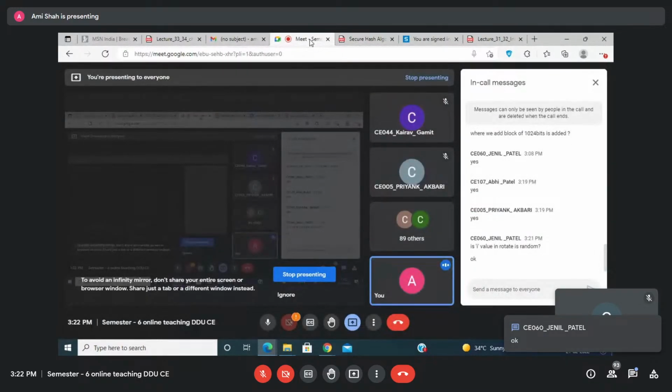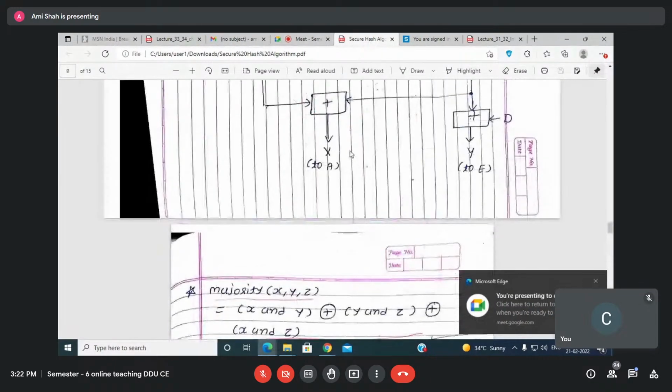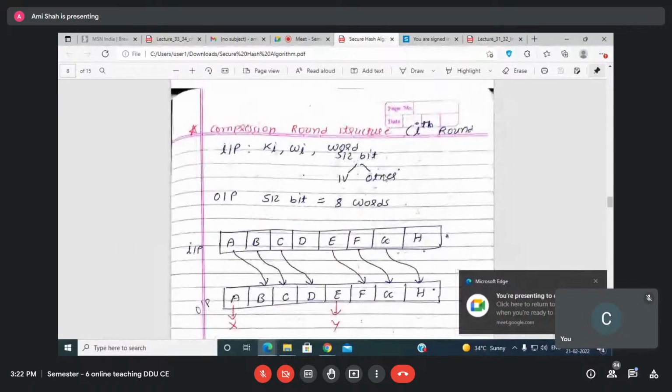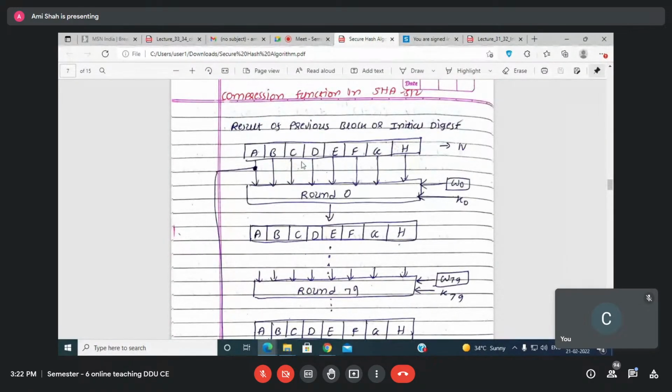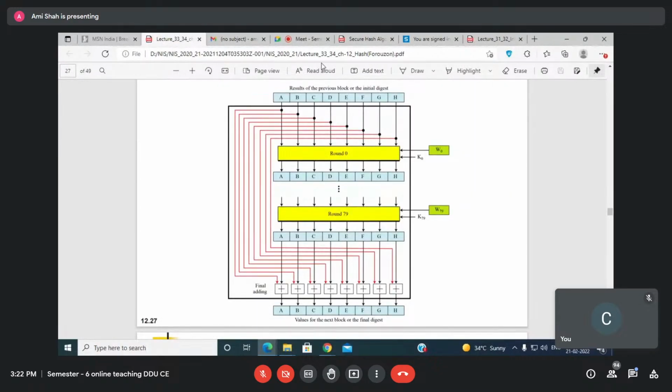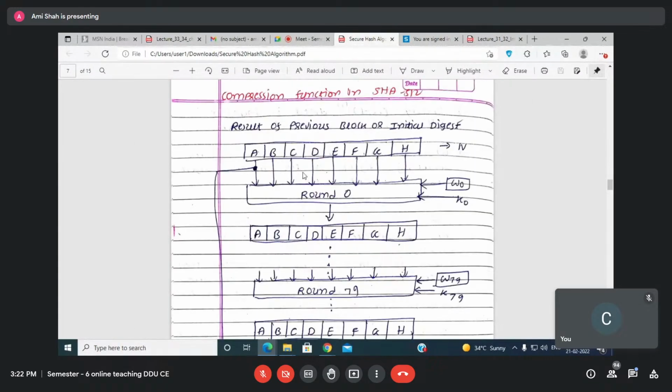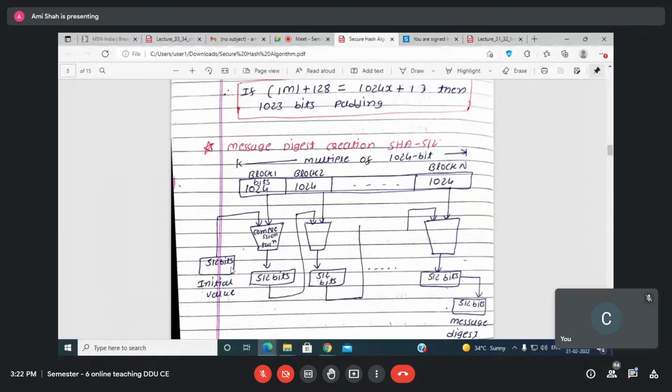These are the equations in SHA 512. These are hash function models, and this model is fixed. Basically, what we are doing here: the initial digest is given to you, as you see in our figure.